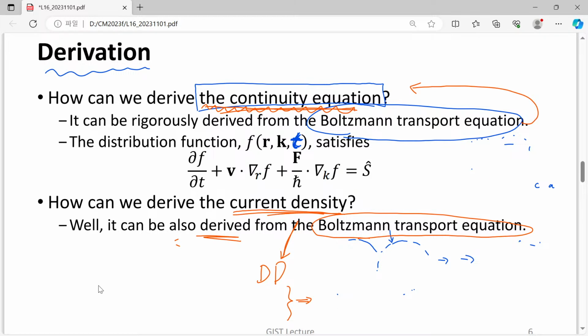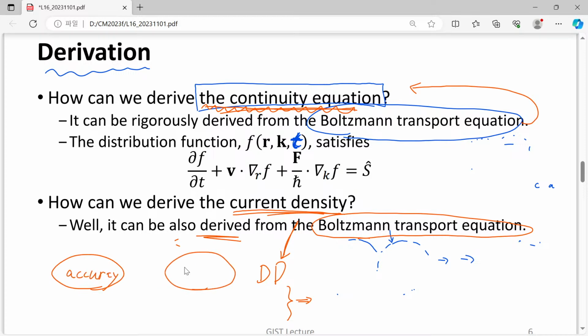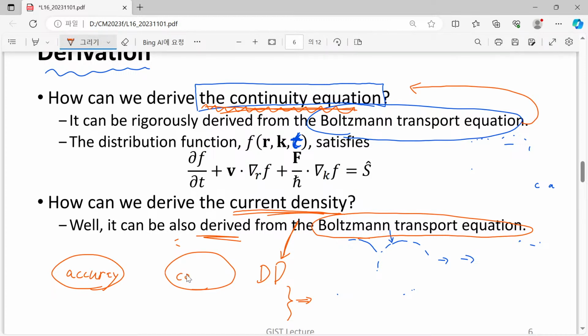So there is always a trade-off between your accuracy and physical, and computational efficiency. So if you spend more effort, then you will get more accurate results. And if you spend less time, less computational resource, then your answer will be less accurate.